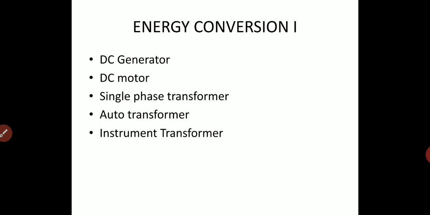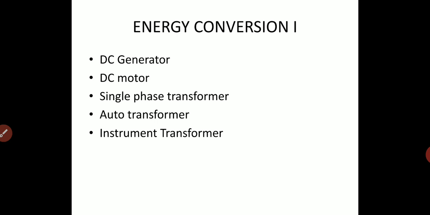In Energy Conversion 1, you covered DC machines like DC generator, DC motor, single phase transformer, auto transformer, instrument transformer, etc. And in this Energy Conversion 2 subject, you will cover alternator, synchronous motor, induction motor, single phase induction motor, commutator motor, special electric machine, 3-phase transformer.